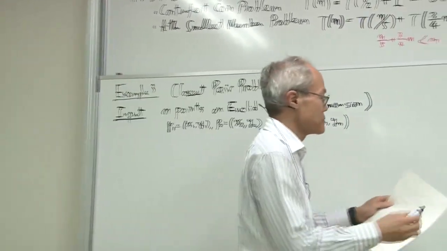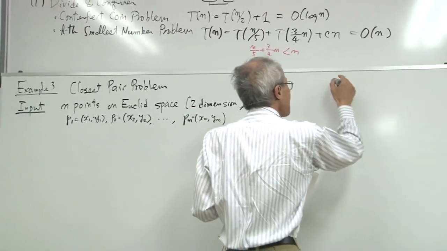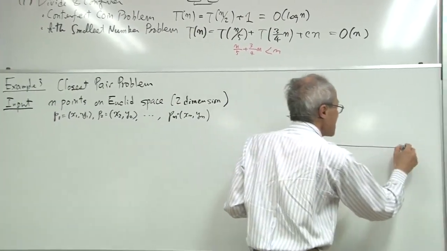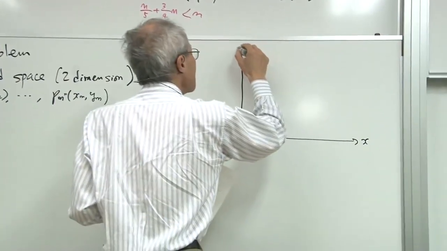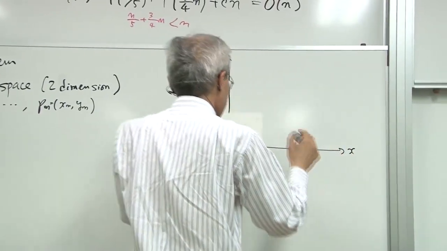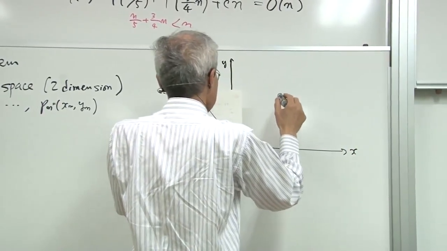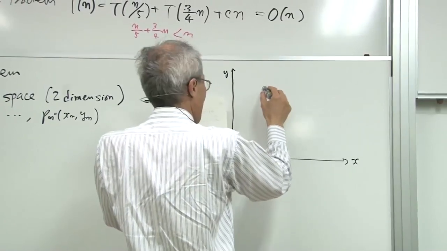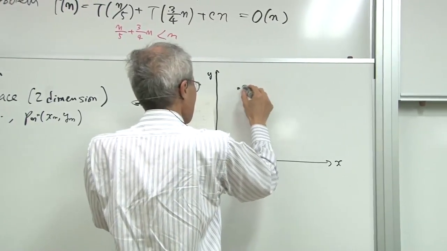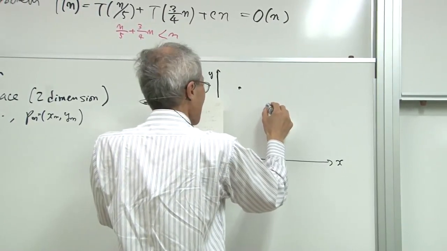So we have a two-dimensional Euclidean space, and we have n points. It's a little bit difficult to have a good example.